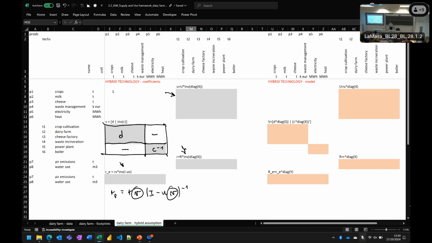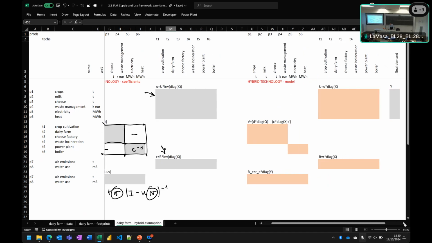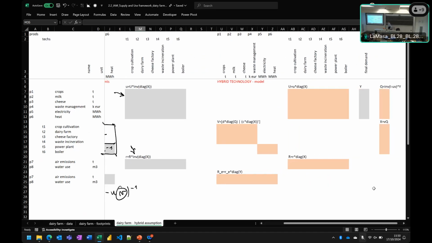Okay? So this is a way of defining better how the system behaves in order to improve the detail in calculating the footprints. Okay? And also in improving the way that the model is returning total values. So finally, it's just a matter of moving in the second part and applying the balances.